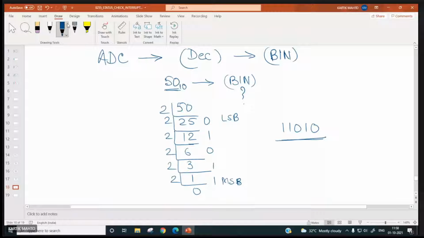Okay, so what you have learned here with this process? Have you learned any algorithm?